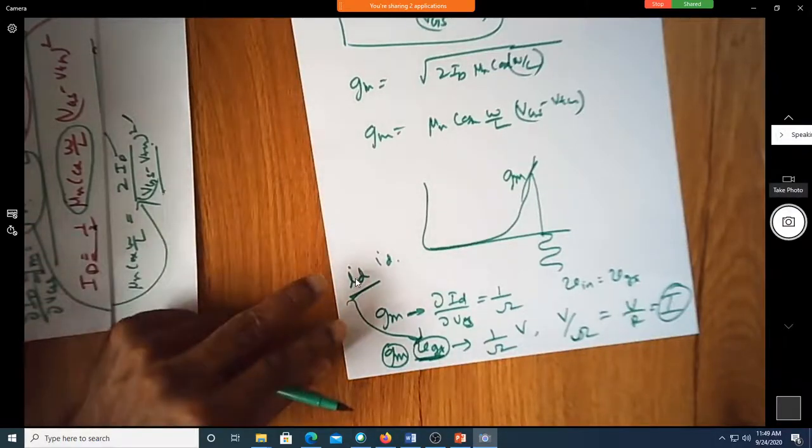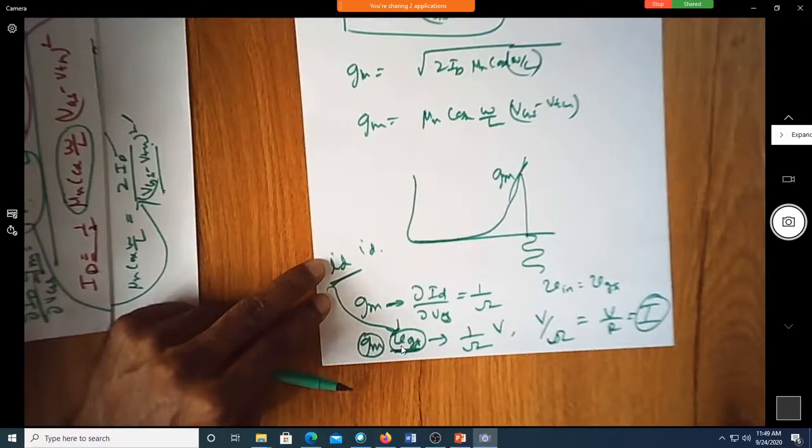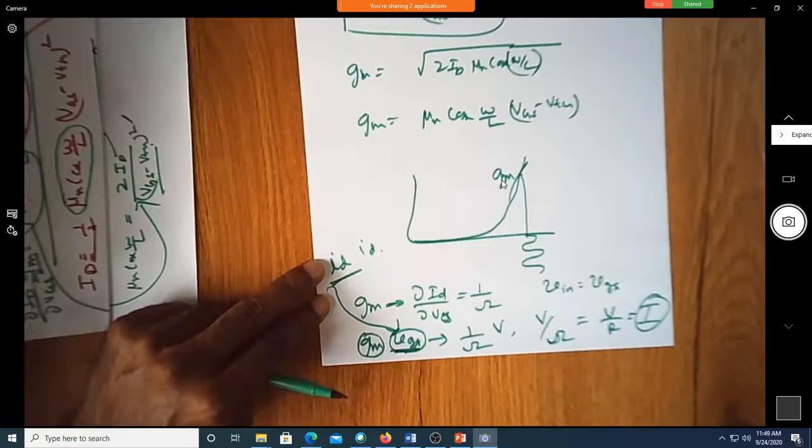Correct? So why is this small signal current flowing? Because of gm and because of the applied small signal voltage. Why did you get this gm? You got this gm because of your applied DC voltage.